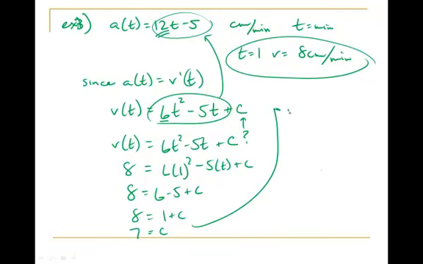Therefore, my velocity equation was 6t squared minus 5t plus 7. And that's my final velocity. So we've taken velocity, looked at derivatives to find acceleration, and now we looked at acceleration and worked it backwards to find velocity. The key is we've got to find this plus c value.